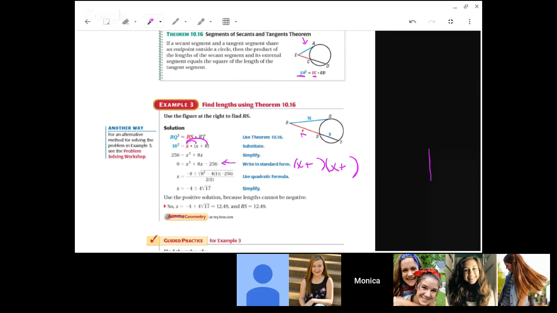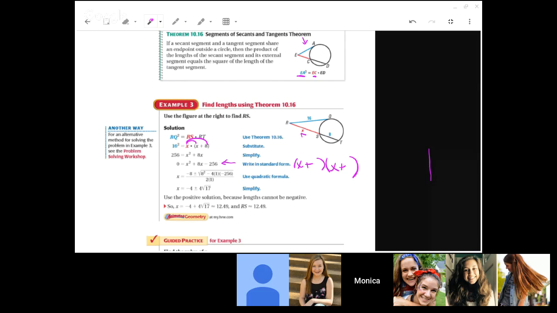But these are yucky numbers. They're not easy to try to figure out how to factor them. You can't just look at it and say, oh yeah, immediately I know what goes into that. So plugging into the quadratic formula is going to be easier, even though it doesn't look easier.